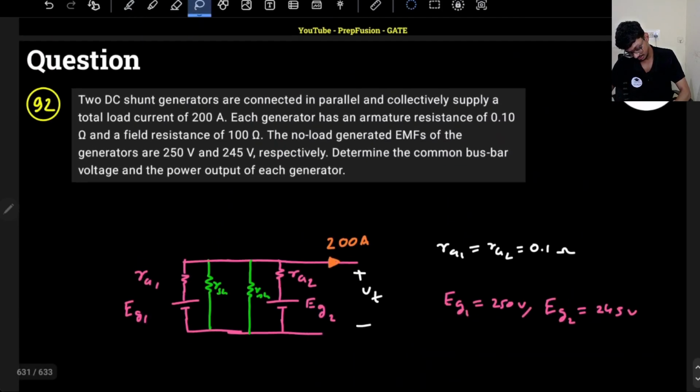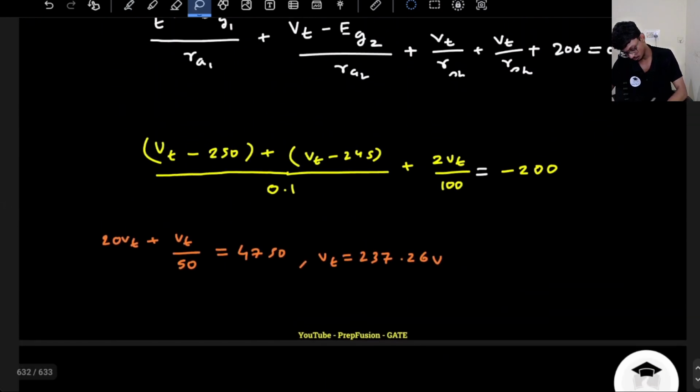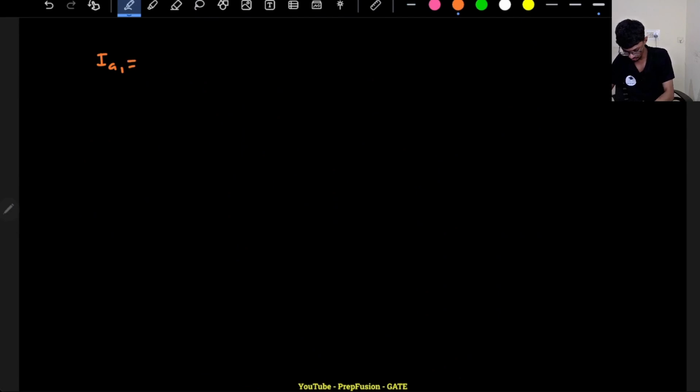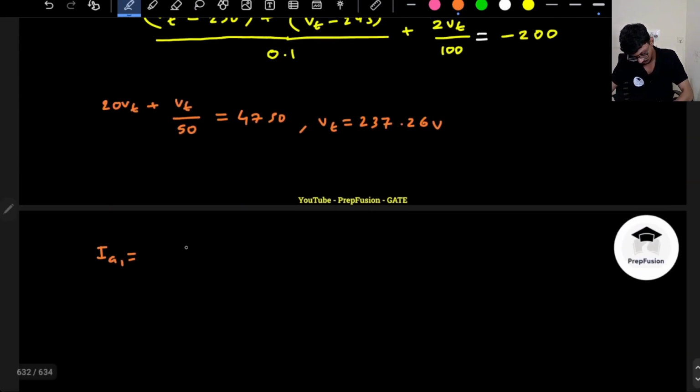And what are they asking? They are asking to determine the common busbar voltage and power output of each generator. To find out the power output of each generator, let me find out Ia1. So Ia1 will be equal to (Eg1 minus Vt) divided by Ra1.